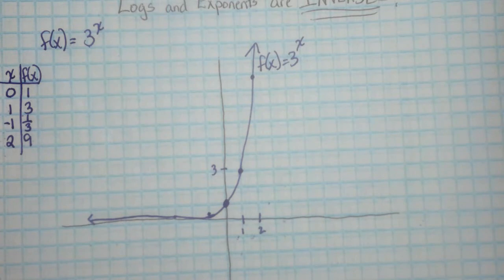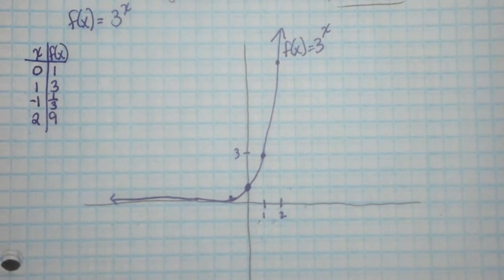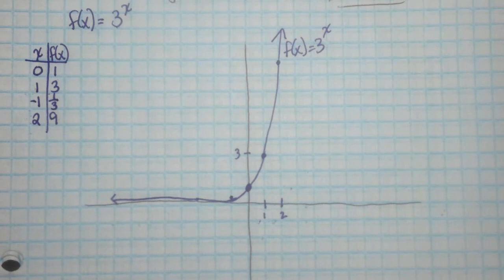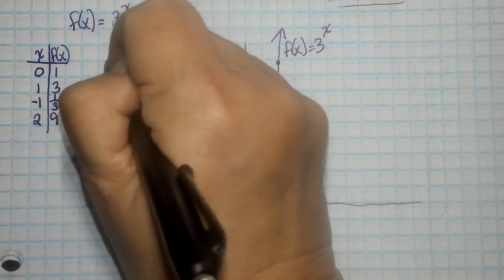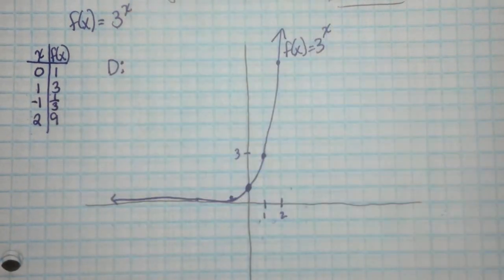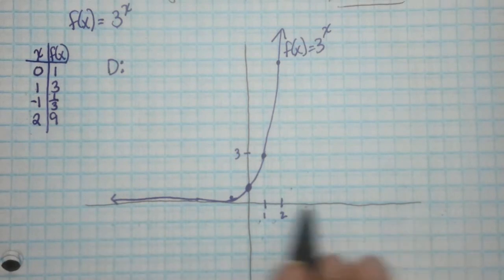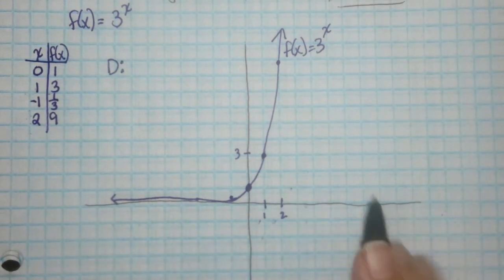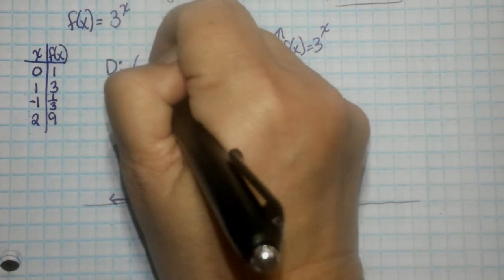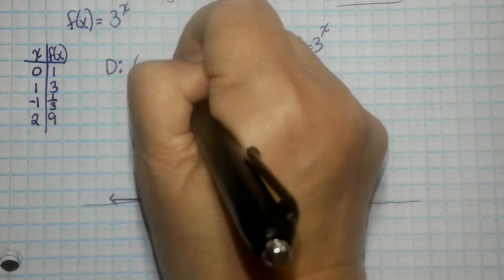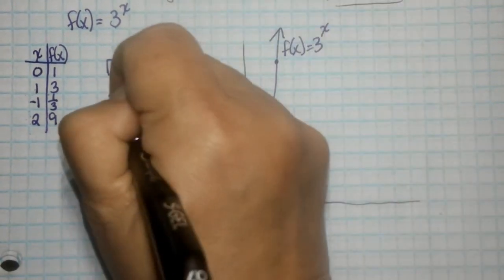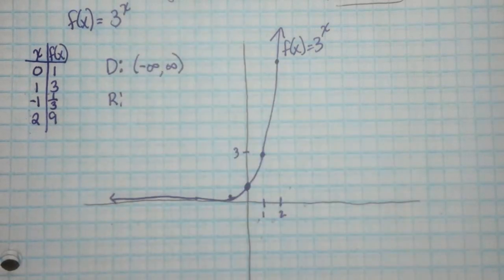Alright, and then let's go ahead and talk about some key features of this curve, because we did this last time. So the domain for this exponential function, we can see that there is no restriction on the domain. The domain is going to be from negative infinity up to infinity. Then the range.